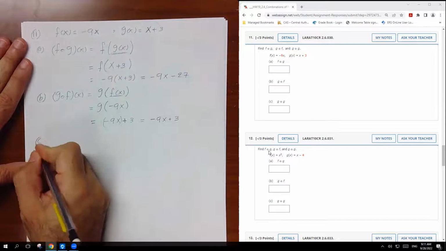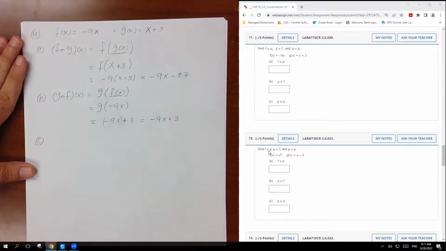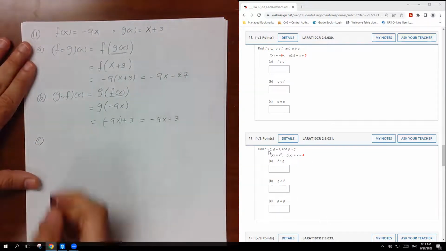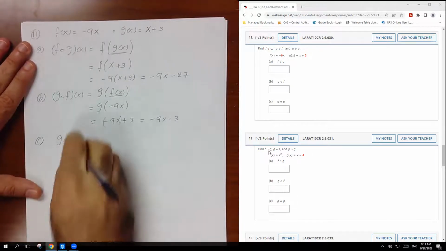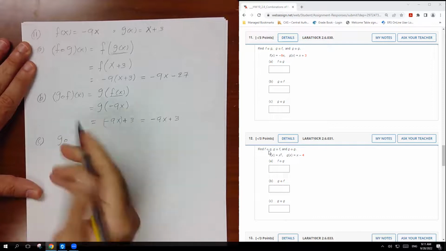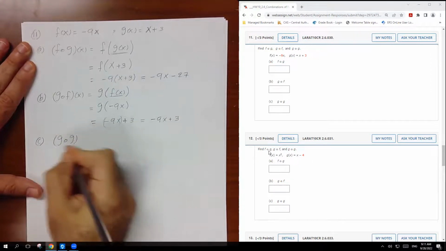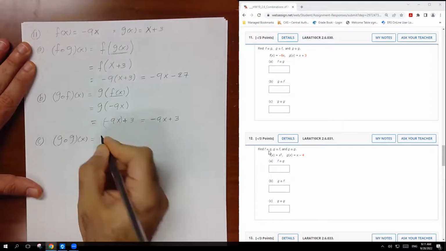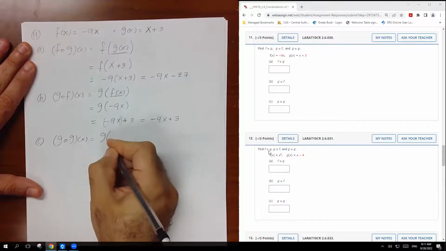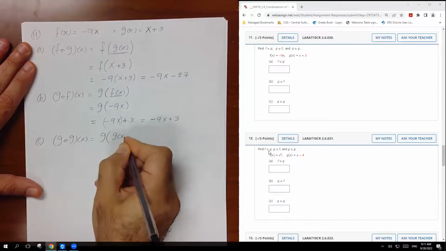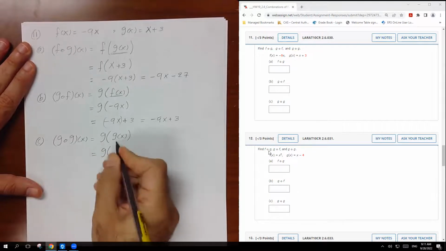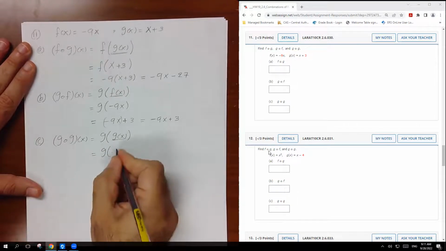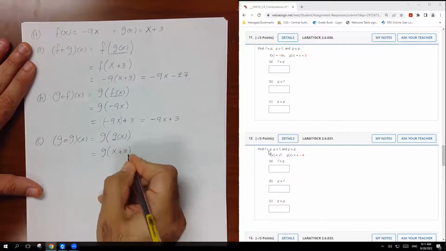For the C, g composite with g itself, with respect to x. That means it's going to be g out and the same function inside. So g out, g of x, which is x plus 3.